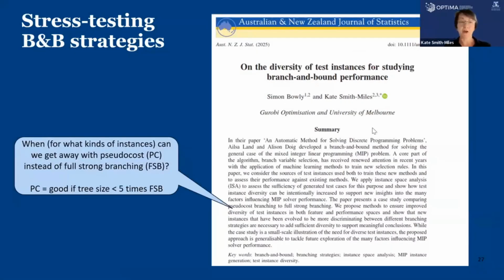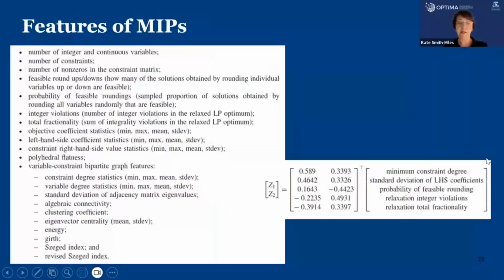Just briefly, I want to show how we've also used it for testing branch and bound strategies using SKIP, just to try to get some insights into MIP solver performance. I won't go into the details because I think I'm running out of time, but we looked at many features of MIPs, various things from the variable constraint graph, as well as the left side and right side of the constraints and various things.